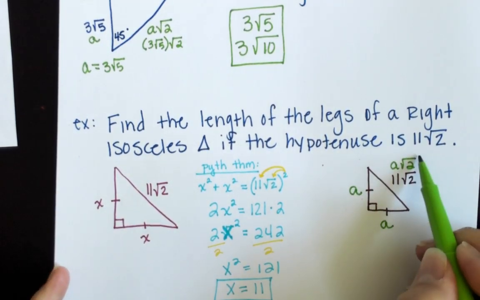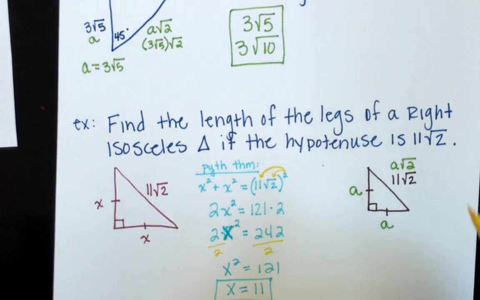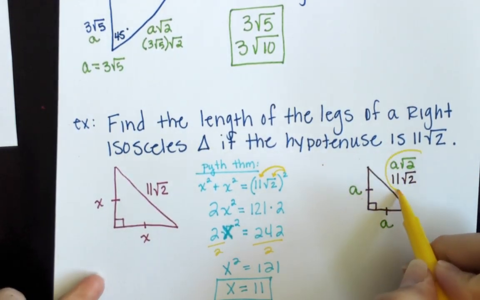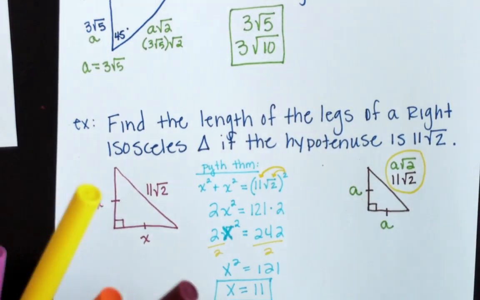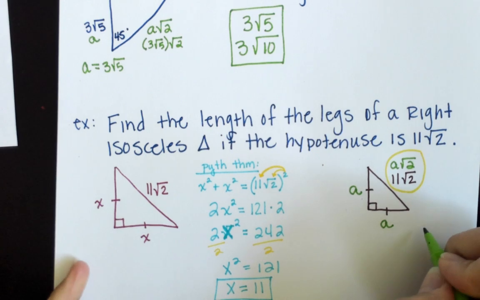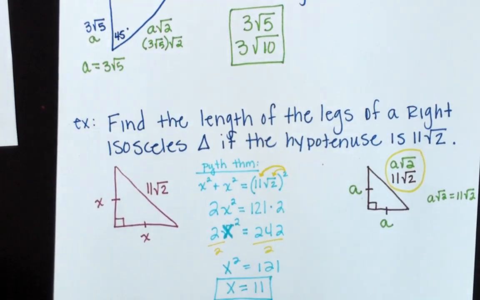And again, on this side, we already have our value and the formula. So if they're on the same side, they're the same length, they're going to be equal to each other. So A radical 2 equals 11 radical 2.